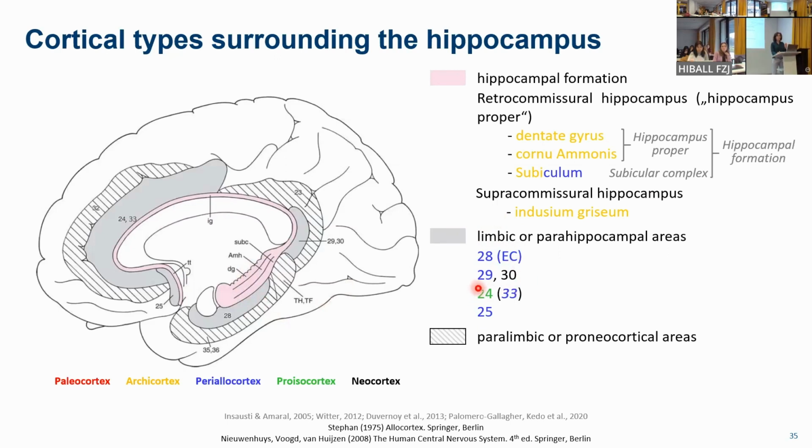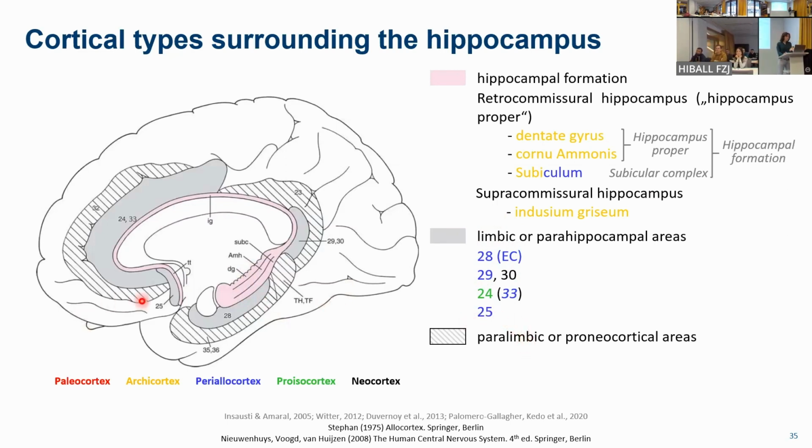Then we've got area 29, which is also periallocortex. We've got area 30, which is neocortex, so isocortex, but it doesn't share a common border with the hippocampus, right?